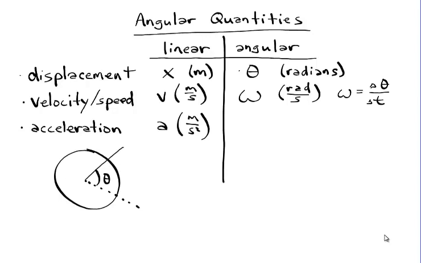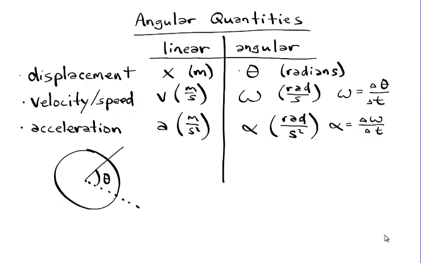For our acceleration, we use the Greek letter alpha, and its units are radians per second squared. This acceleration is defined as the change in the angular speed per time, just like the linear version. We're going to see that every formula that we've learned so far this year has a rotational or angular equivalent. Once you get a handle on the symbols, you basically already know all the formulas.